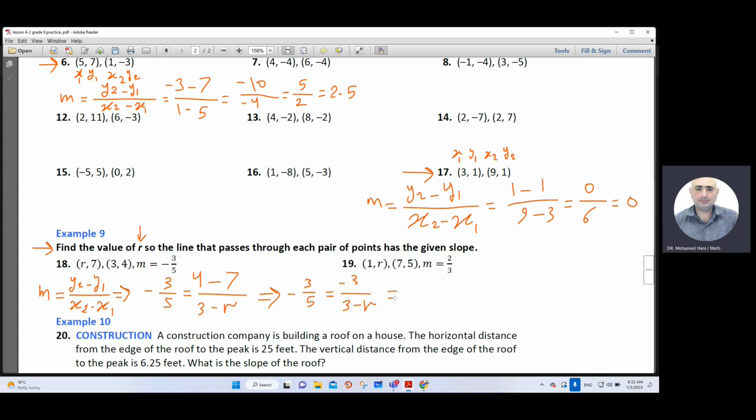How to solve this problem? We have a proportion here. You can do a cross product. 3 times 3 minus r, and here you have negative, so you can write negative 3, open parenthesis, 3 minus r, equals 5 times negative 3.